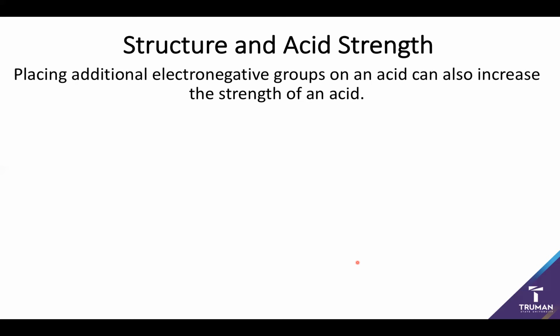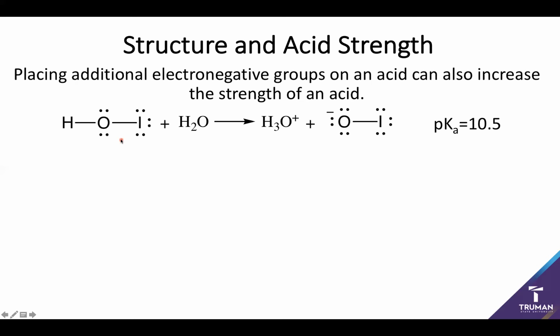So let's go ahead and take something like water, the quintessential weakest of acids, pKa of 14. However, if I go to hypoiodous acid, now I've replaced one of my hydrogens with an iodine. And by doing so, I've reduced the pKa from 14 to 10.5.